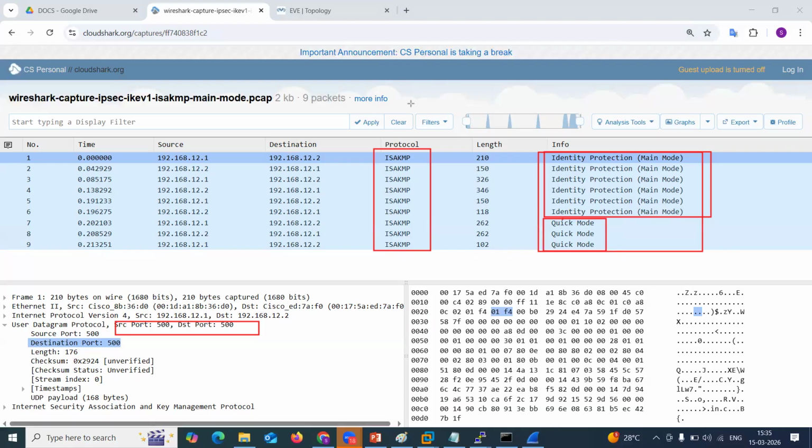So when does real data pass? After completing quick mode message exchange, there will be real data. So here I have now the real data, and this real data is protected by the ESP protocol.